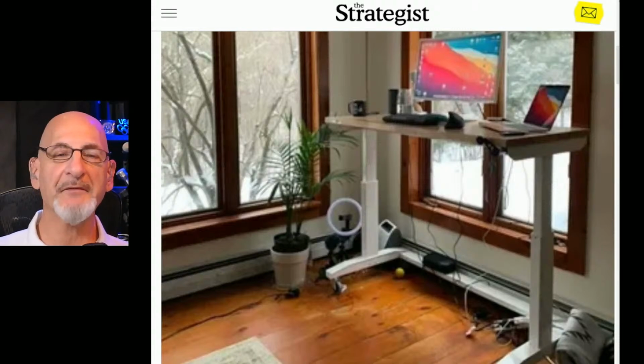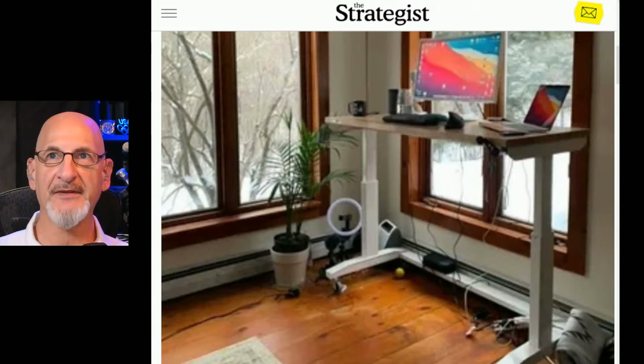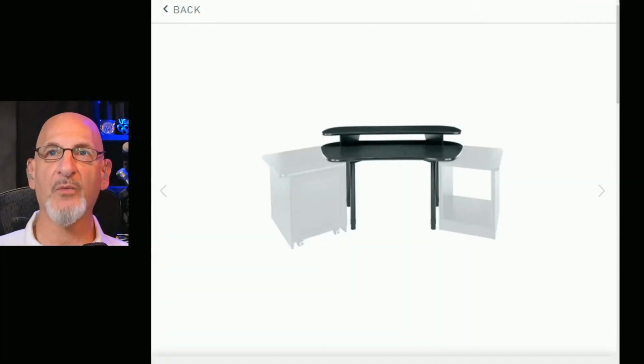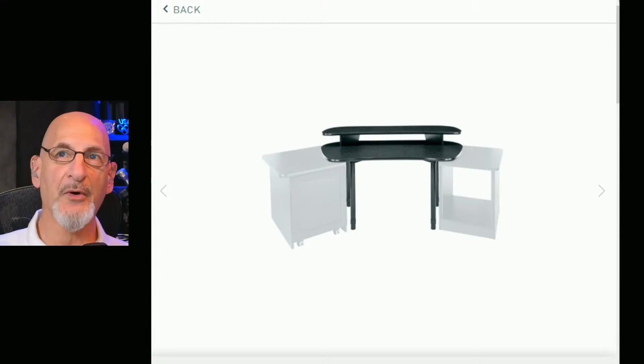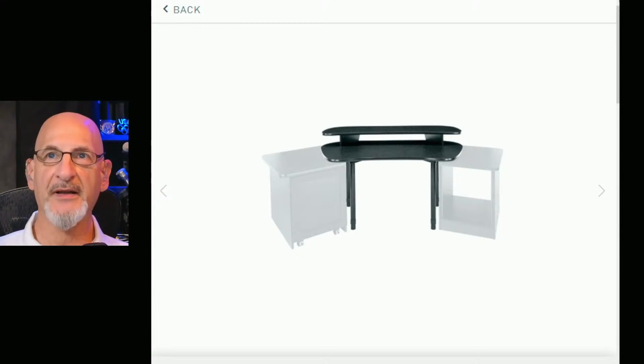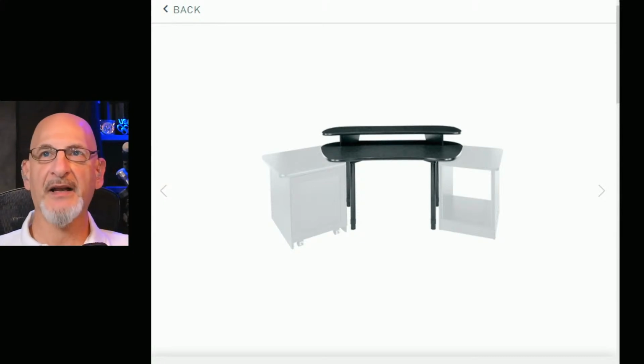But it's one flat surface, and that's part of the issue when you're doing video production. Sometimes it really helps to have more than one surface to put things on. So a typical production work desk would have 2 or more surfaces with a cavity underneath, so you can tuck some things inside and away.